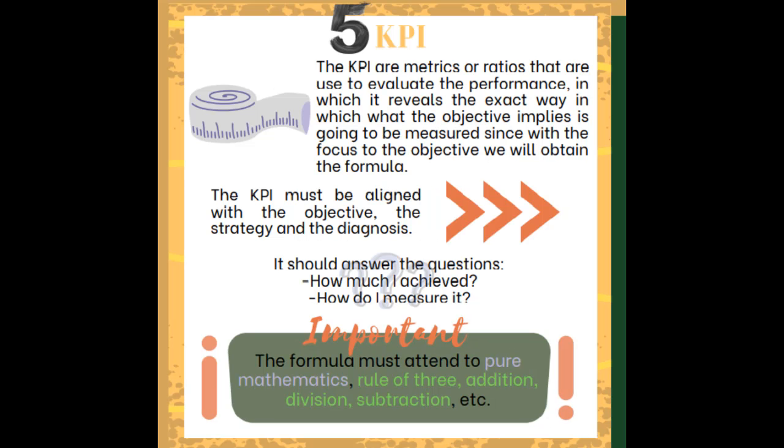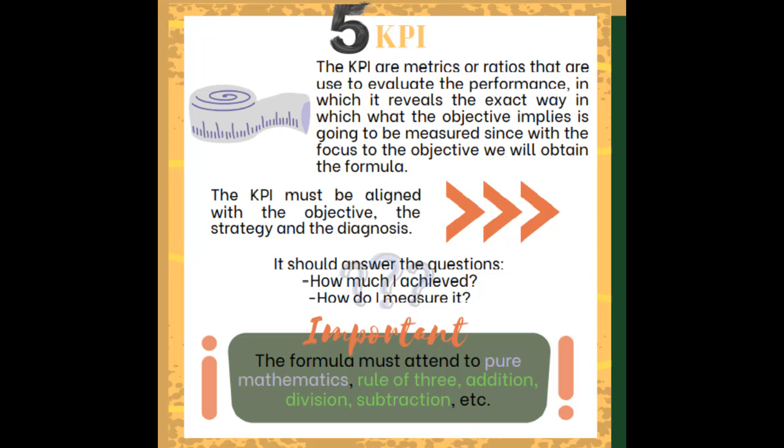The next section is KPI. The KPI is the fifth step of the project. KPI stands for Key Performance Indicator. They are metrics or ratios that are used to evaluate performance, revealing the exact way in which the objective in place is going to be measured, through a formula. Since with the focus on the objective, we will obtain the formula.